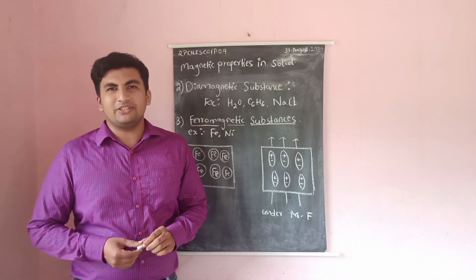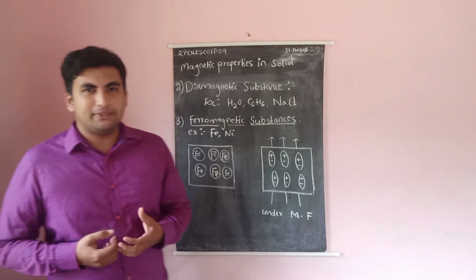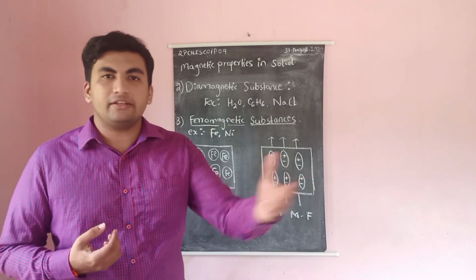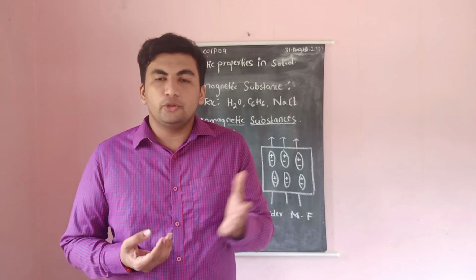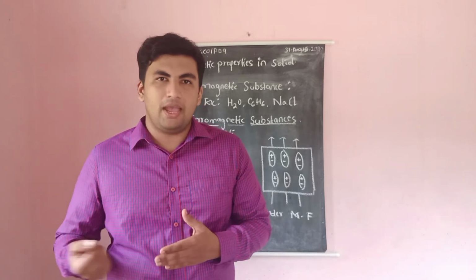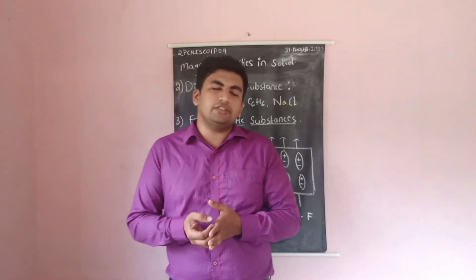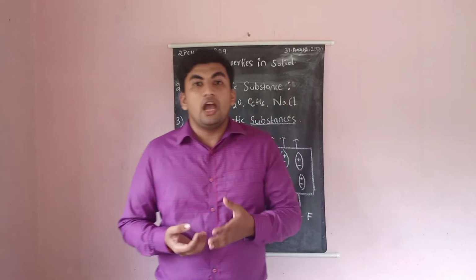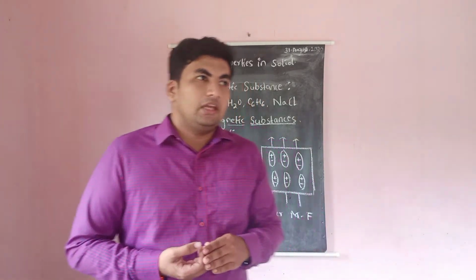The second type is diamagnetic substances. Diamagnetic substances are the substances which are not attracted by the magnetic field, or have no attraction towards the magnetic field. One more definition: diamagnetic substances are the substances which are repelled by the magnetic field.